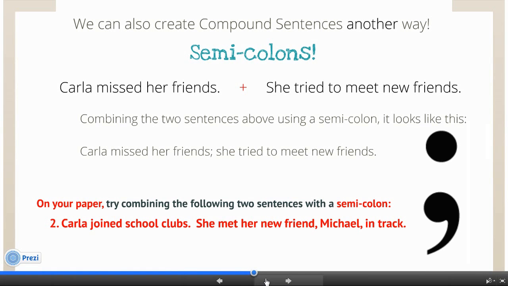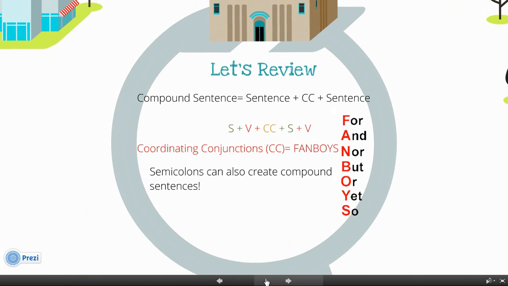So let's review. Compound sentences are one simple sentence plus a coordinating conjunction plus another simple sentence. So the structure of a compound sentence looks a little bit like this. A subject plus a verb plus a coordinating conjunction plus the second subject plus a second verb.